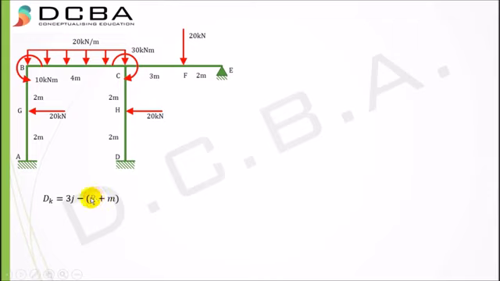Capital R is the reactions, that is 3 reactions here, 3 here, and 2 reactions here. So 3 plus 3 is 6, 6 plus 2 is 8, and m is the number of members, so it is 1, 2, 3, 4. That's it, 4. So 3 into 5 minus (8 plus 4), I get 3.